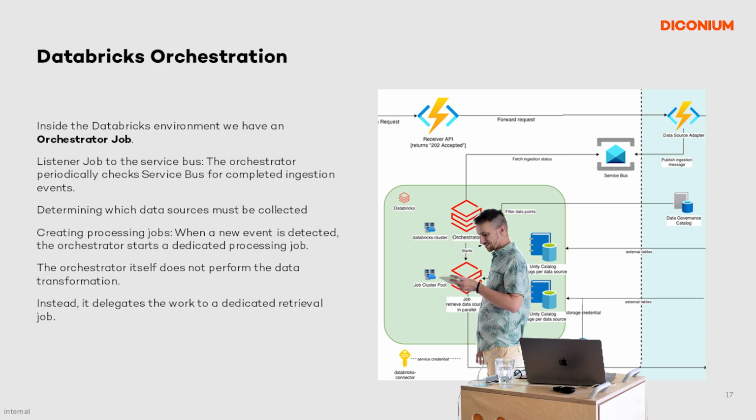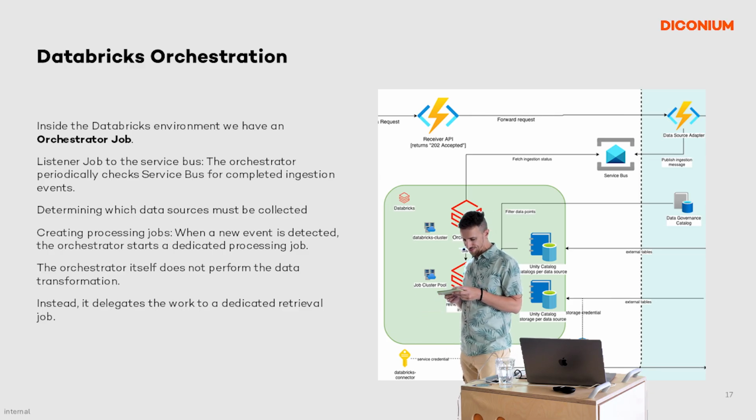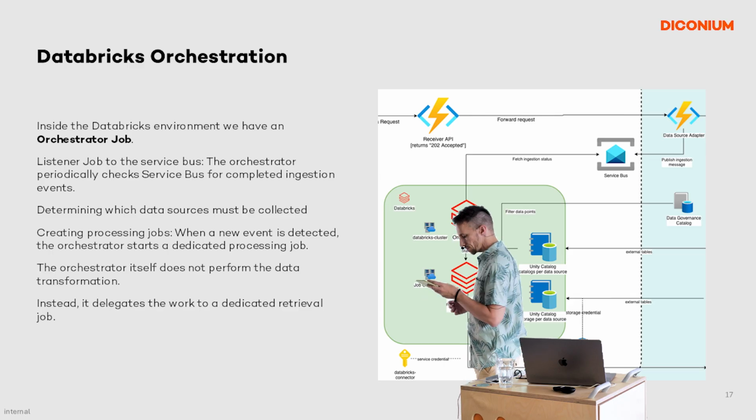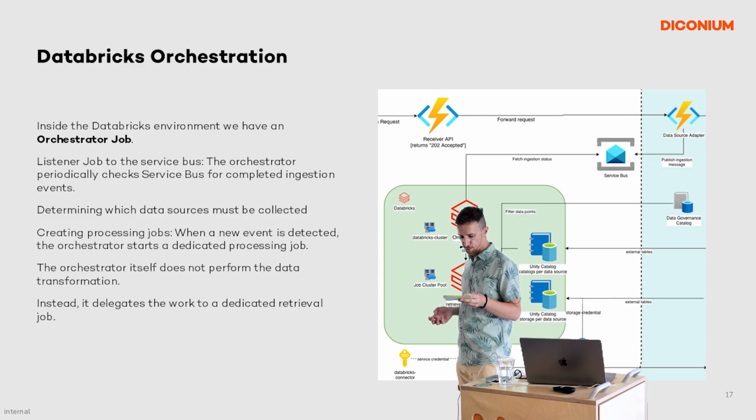It determines which data source must be collected, and it creates a processing job. So when a new event is detected, the orchestrator starts a dedicated job. The orchestrator itself does not perform the data transformation, the work is delegated.